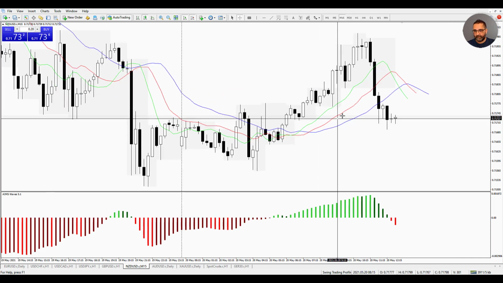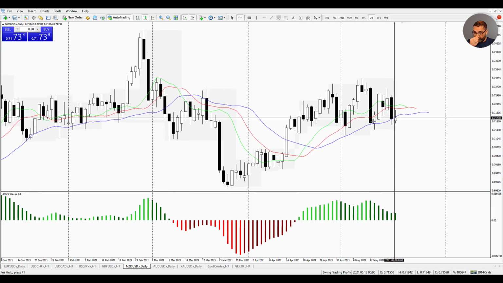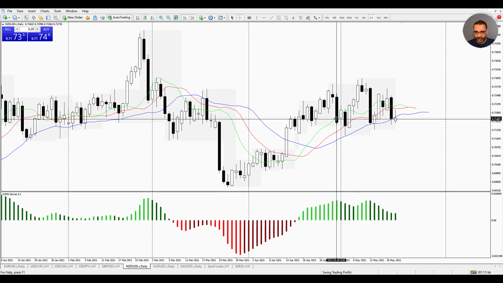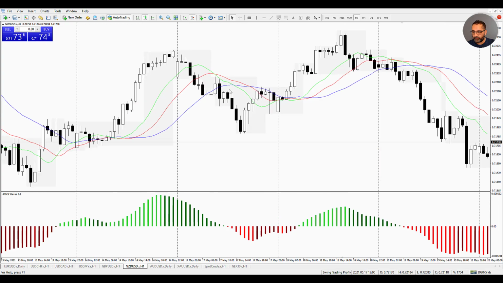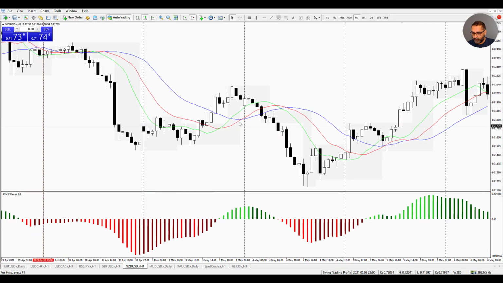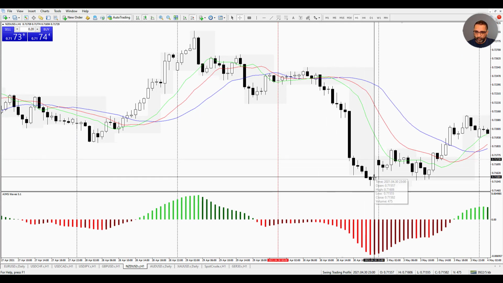Yep. I mean, in this case, you didn't really get a signal, but it would have failed anyway. But if you knew that it's in a sideways range, you would easily have avoided it. So you see here a trend candle. If I go to 30th of April on the hourly chart, very strong move, right?